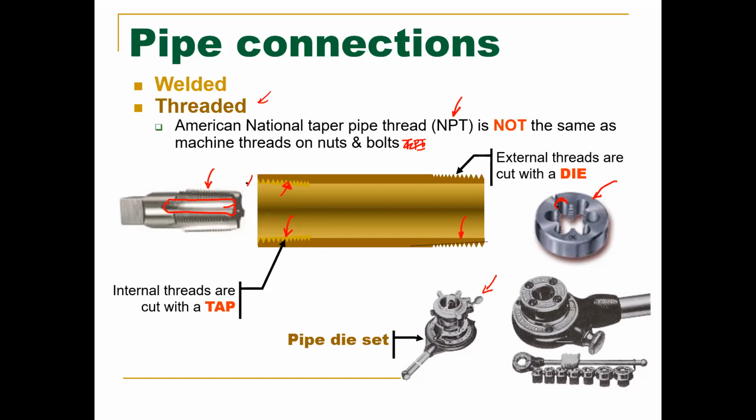There's an entire way to create threads. You'll learn it in machine shop, but for right now, just know you have taps and dies. They cut threads. A tap is used to create internal threads and a die is for external threads.